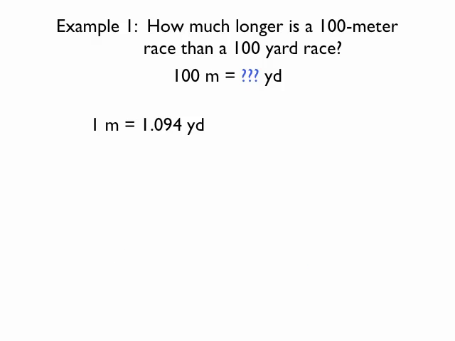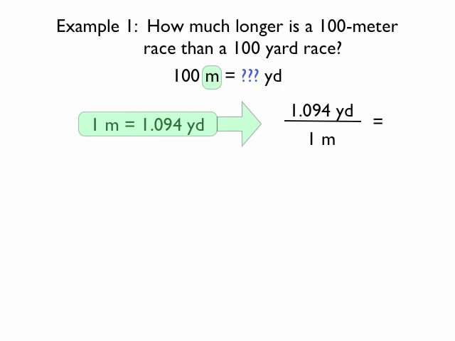To convert from meters to yards, we need a conversion that has meters in the denominator so that the meters will cancel. We therefore divide both sides of our conversion by 1 meter to find that 1.094 yards over 1 meter equals 1.